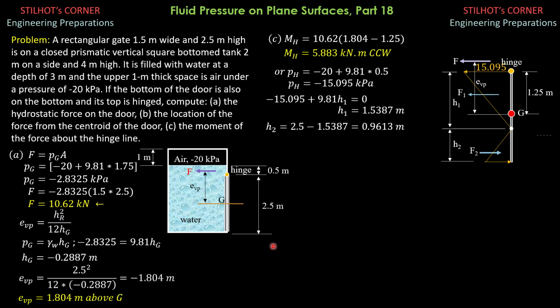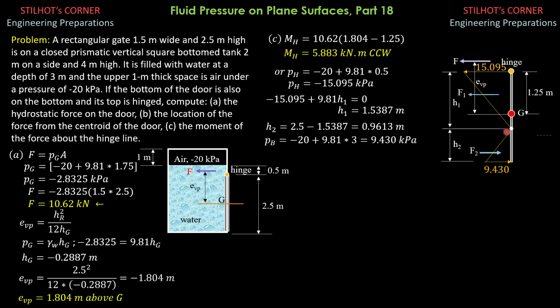For the pressure at the bottom level, if we begin at negative 20, then we go down 3 meters, so plus 9.81 times 3. So pressure at B is negative 20 plus 9.81 times 3, and it is positive 9.430 kilopascals, which is indicated there. Another way of computing this pressure is to begin at this level with 0, since we have already calculated H2.